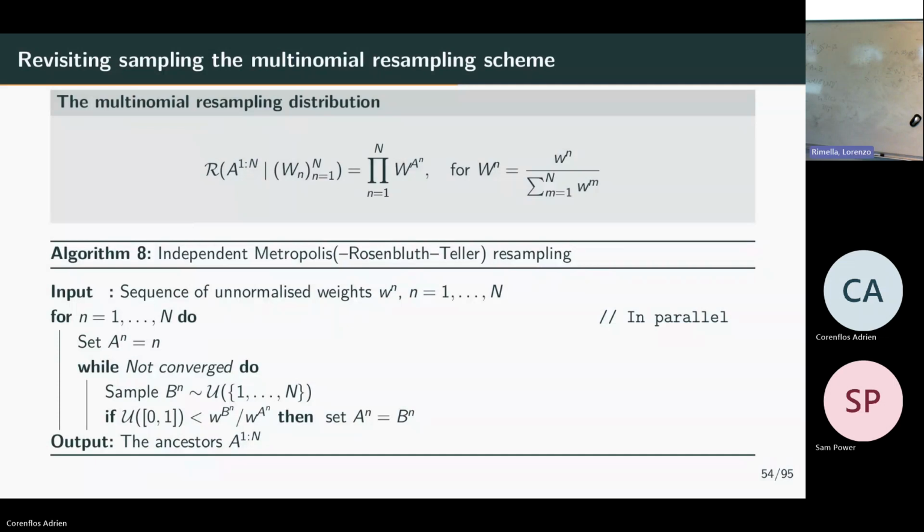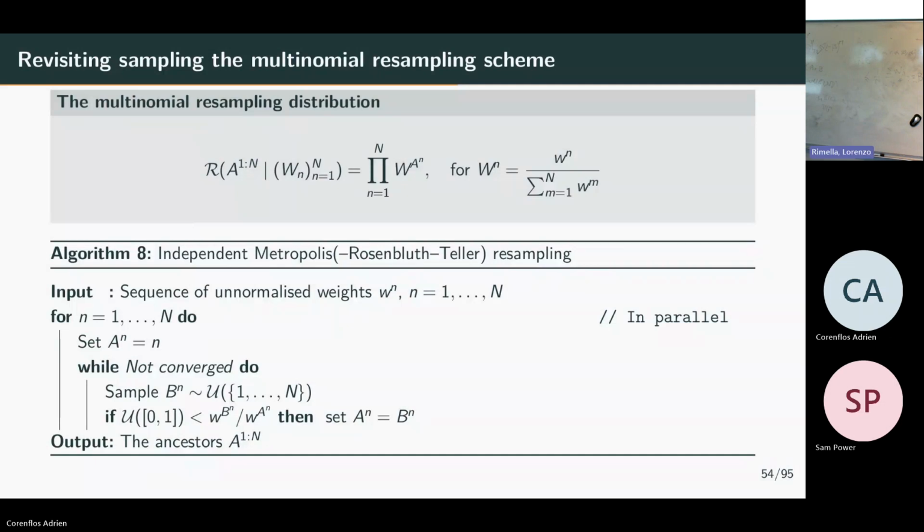So if I start j at its stationary distribution, because K is invariant, then it stays there. Okay, and now I can iterate my kernel n times, and that's all I get.